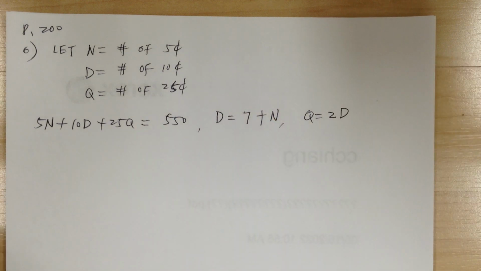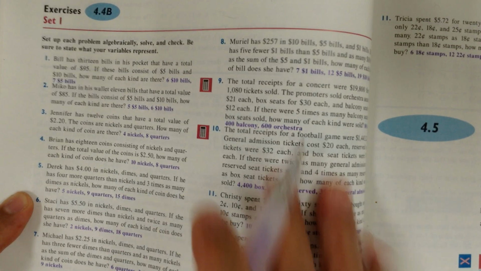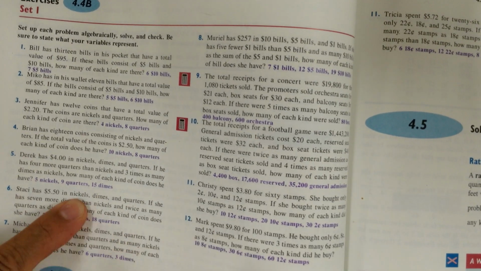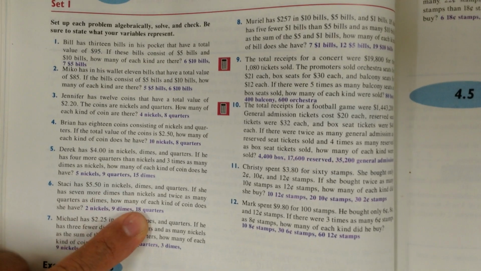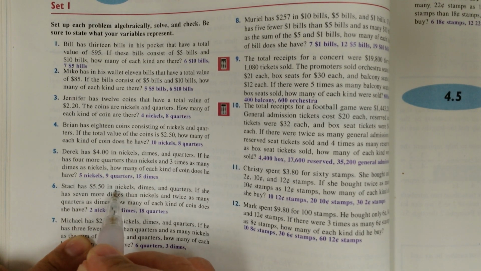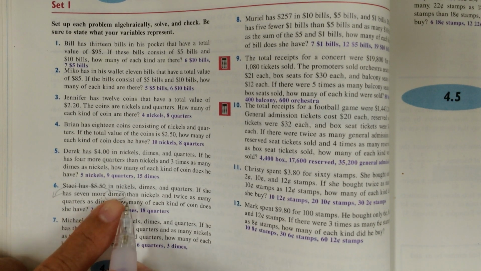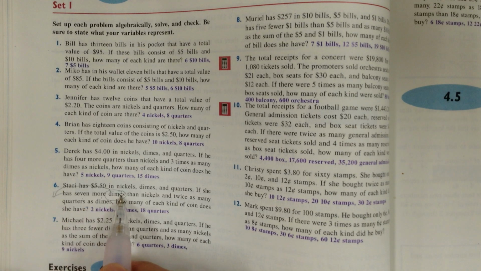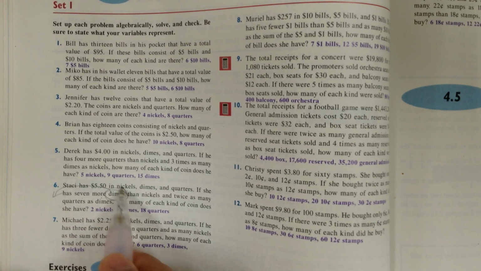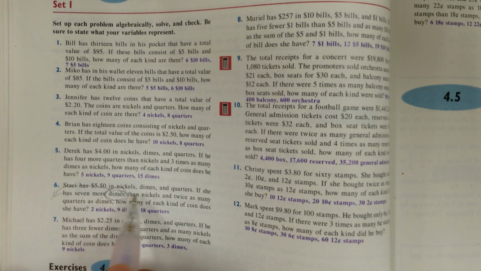So again, whenever you're doing a translation and you have 2 items, like this one over here, 7 more than nickels, what you do is move the first item to the front. So it becomes dimes is 7 more than nickels.